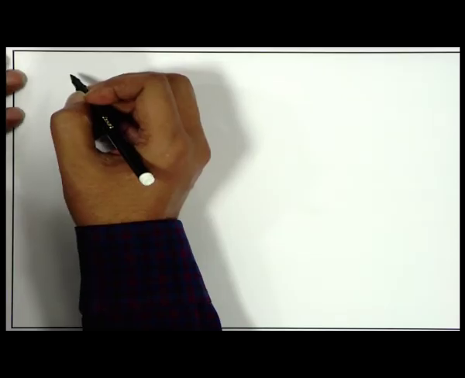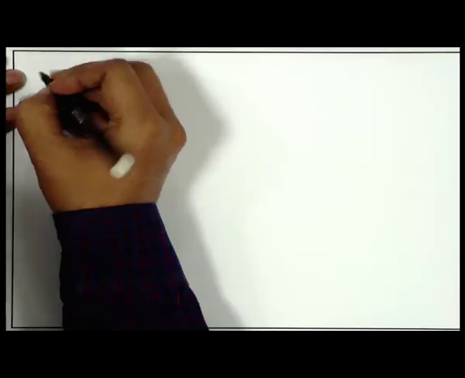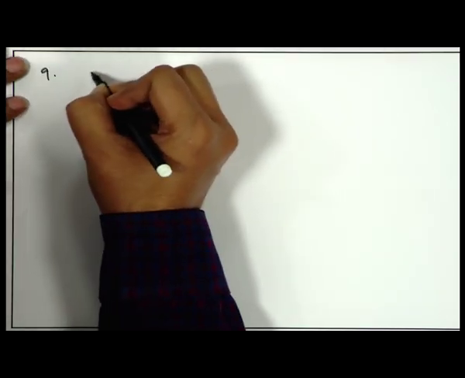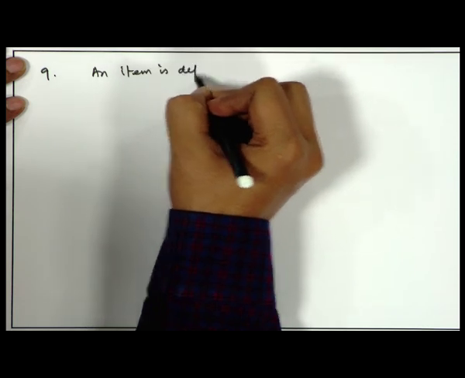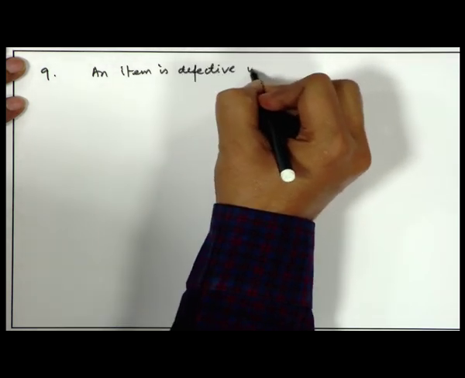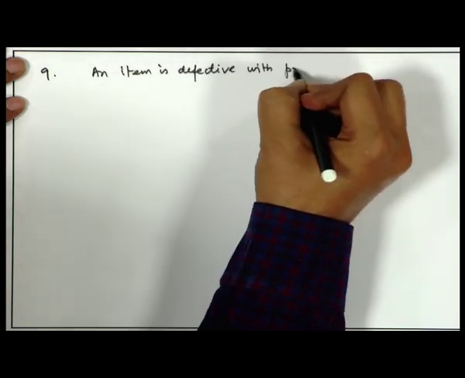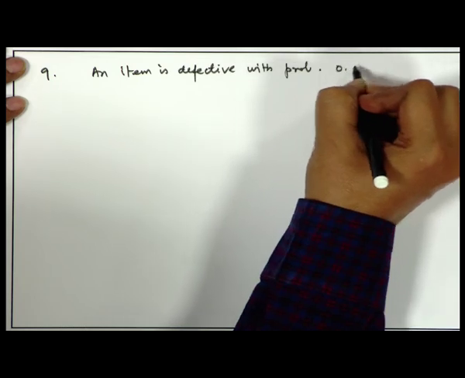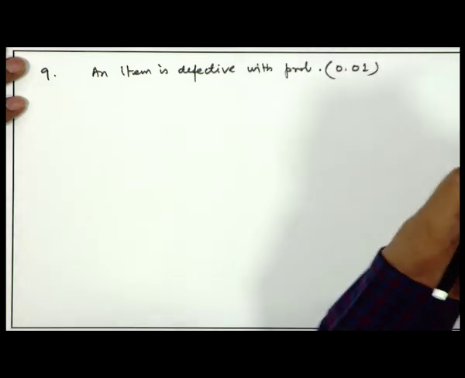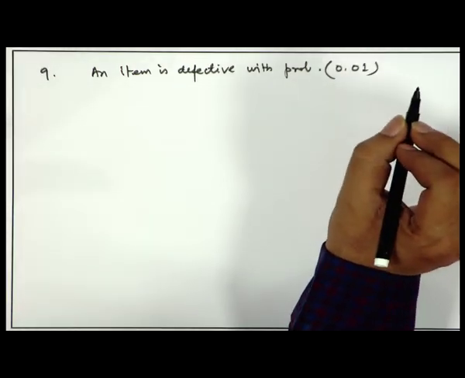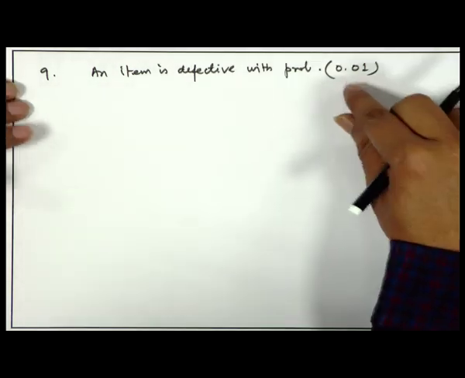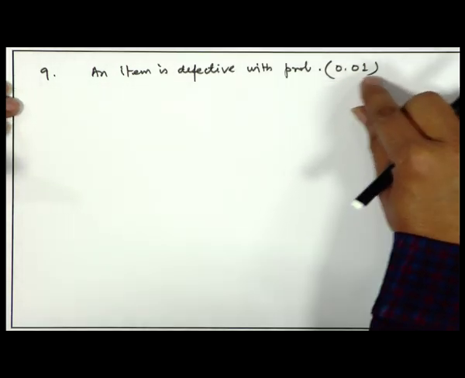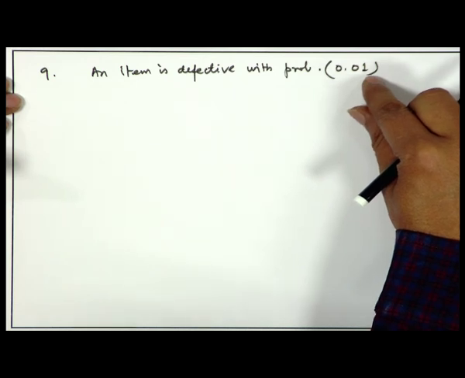Let me just give one problem in a quick fashion. An item is defective with probability 0.01. So, this is an industrial item. In the industrial item, there is an assembly line where the items are being produced. So, on the average, out of every 100 items, one item is defective.